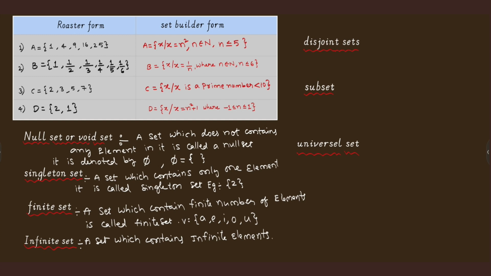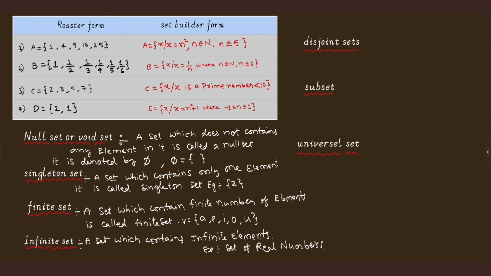For example, natural numbers, whole numbers, prime numbers, even numbers are all infinite sets. I am writing the set of real numbers. This is an infinite set. Not only this, natural numbers, whole numbers, all these are infinite sets only.